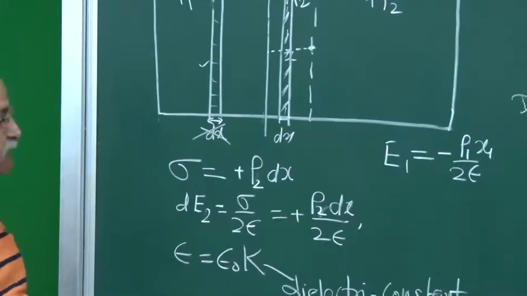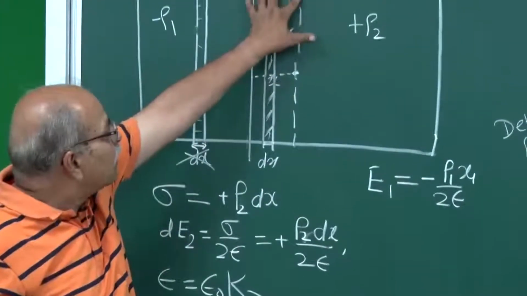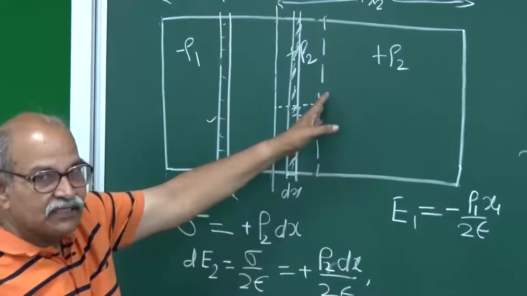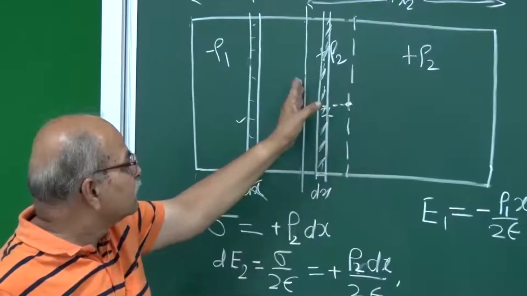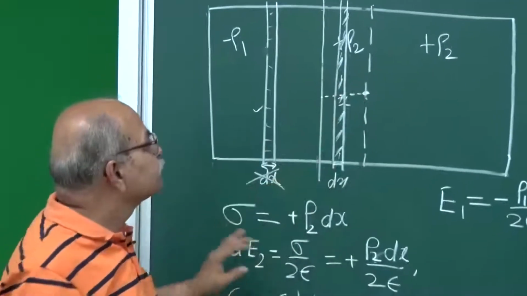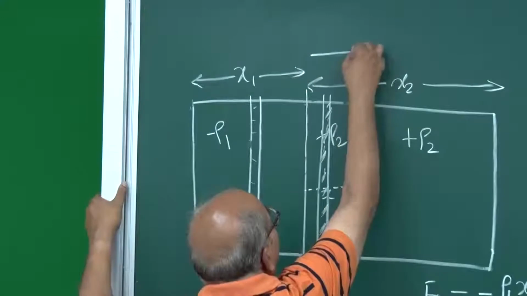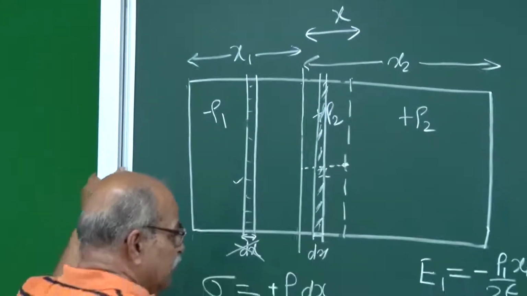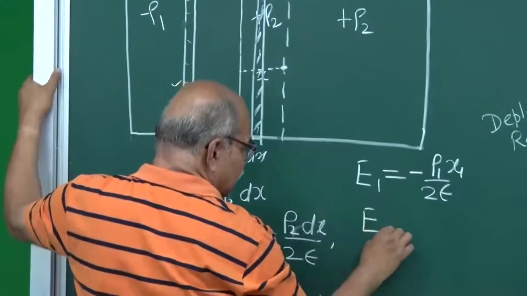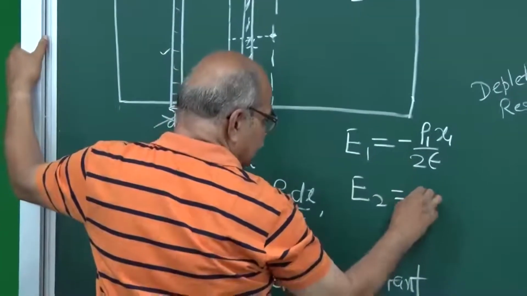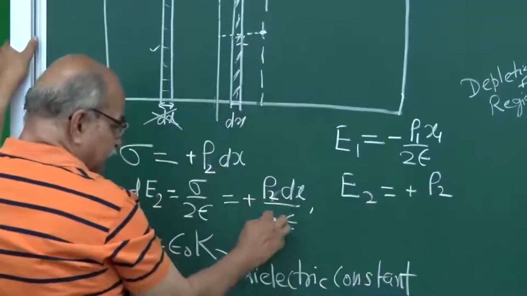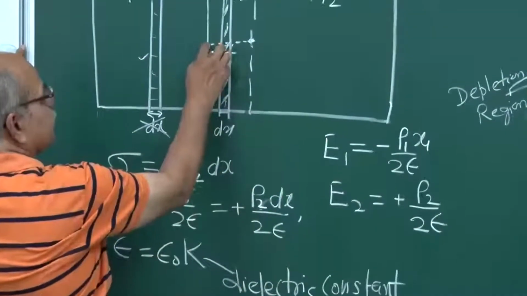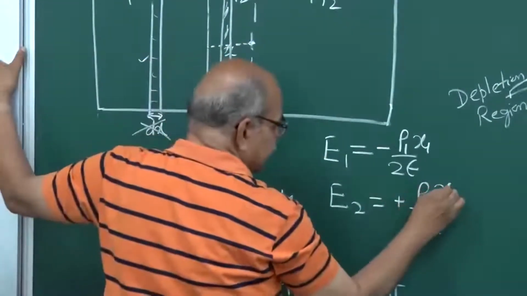So what is the electric field due to this part, which is positive charge plus rho 2 to the left of the point chosen? What is this whole length? This length is just x. So E2 is equal to plus rho 2 divided by 2 epsilon, and then dx is integrated from here to here, which is just x.